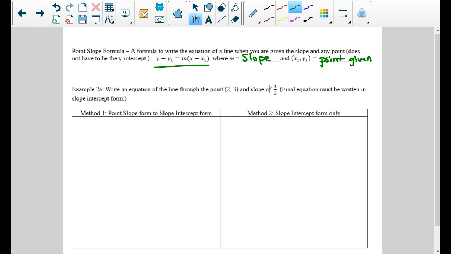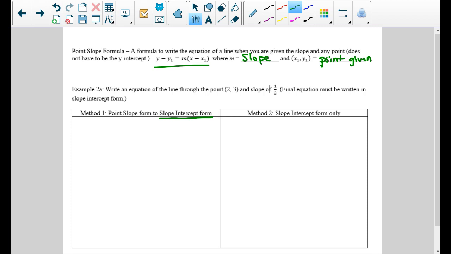So let's take a look here. We're going to do 2 different methods, and I don't care which one you want to use, but our end result is going to be in slope-intercept form, okay? The first method is going to use point-slope and then convert to slope-intercept form. The second method is just going to use slope-intercept form and solve for it, okay?